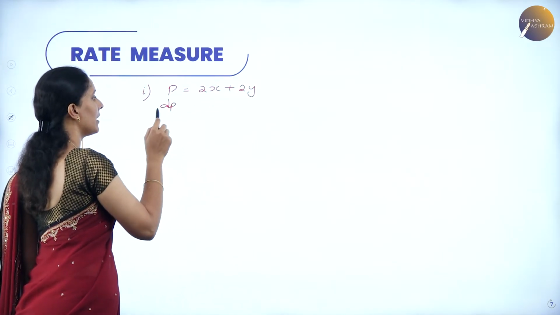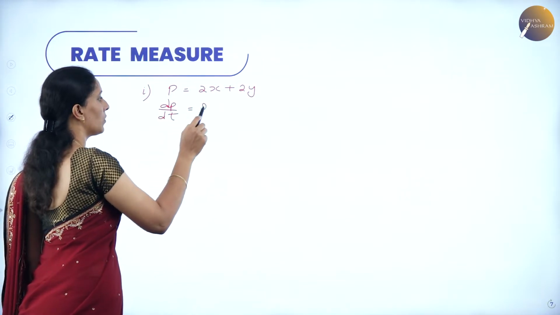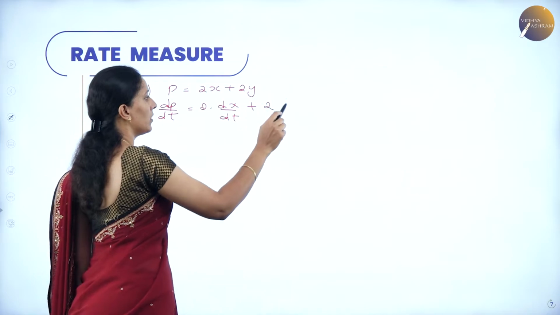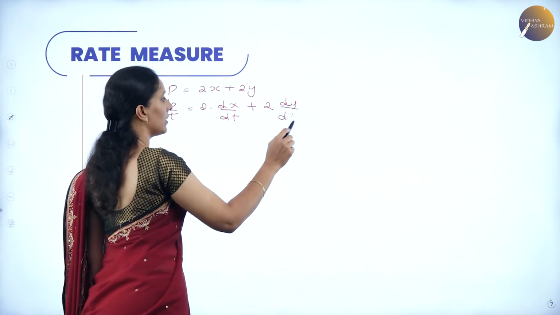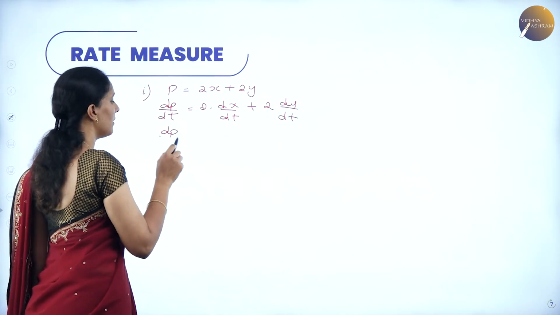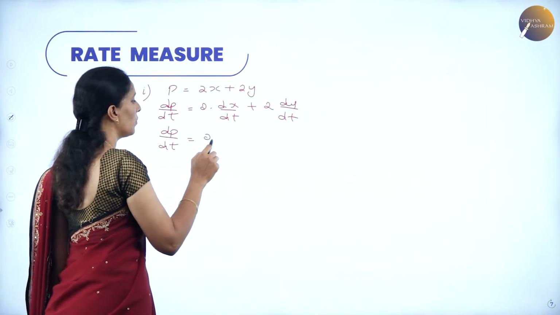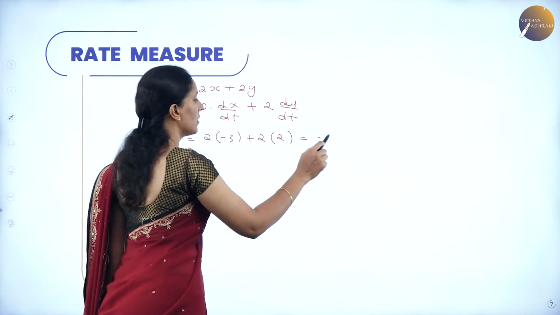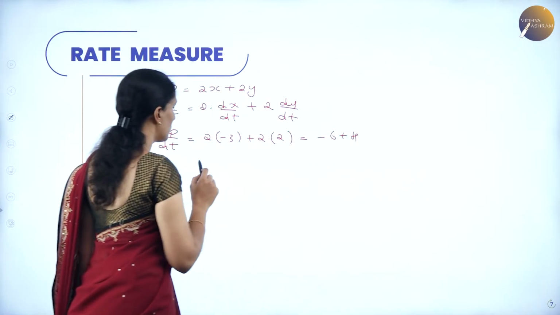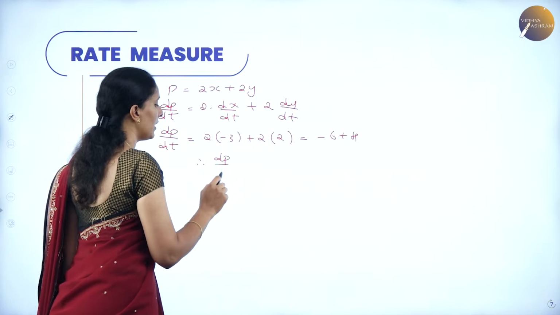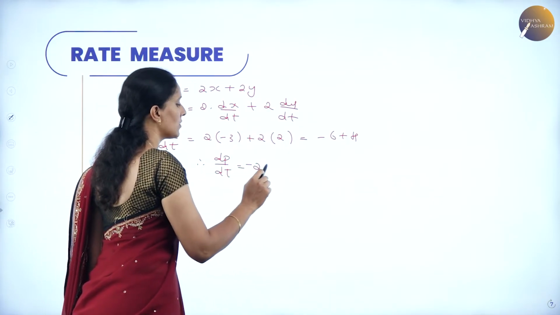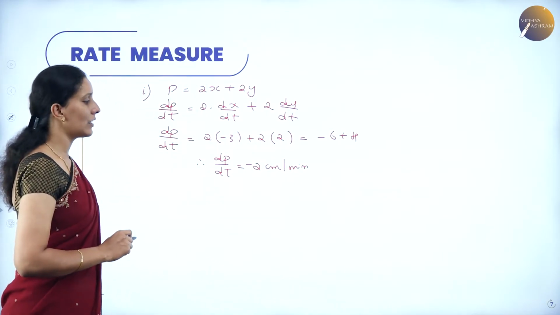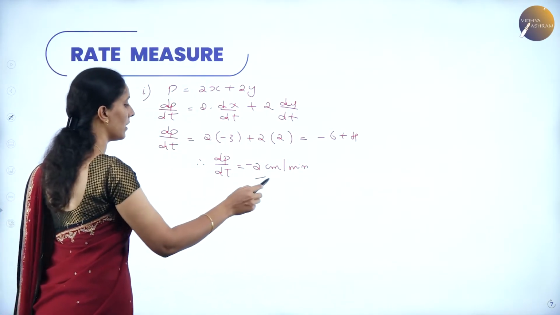So dP by dt is equal to 2 into dx by dt plus 2 into dy by dt. So dP by dt is equal to 2 into minus 3 plus 2 into 2, which is minus 6 plus 4. So therefore dP by dt here is minus 2 centimeter per minute. So therefore the perimeter is decreasing at the rate of 2 centimeter per minute.